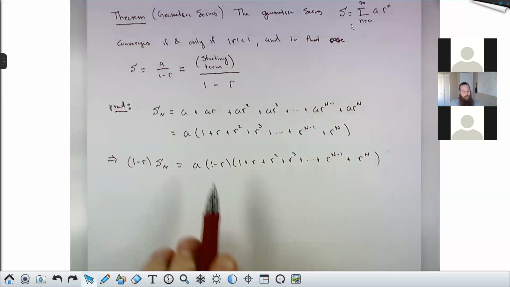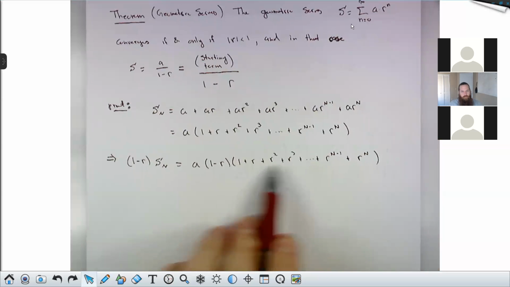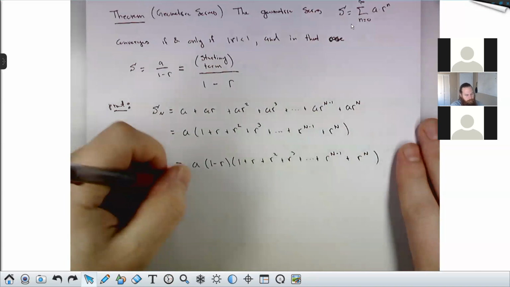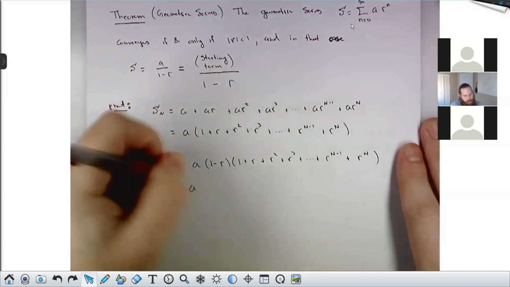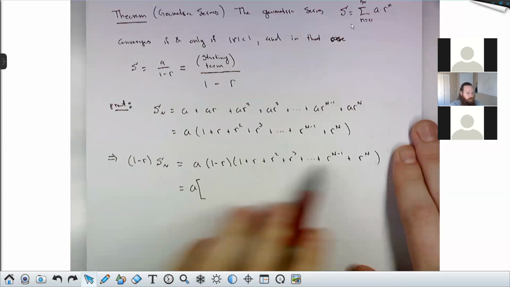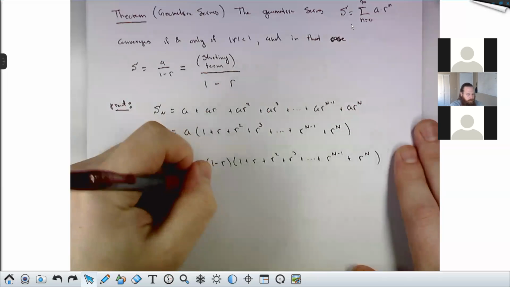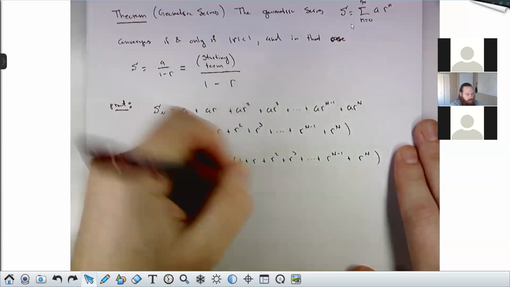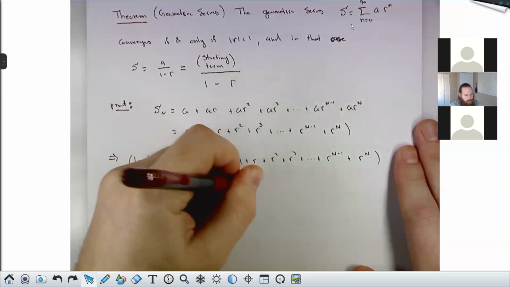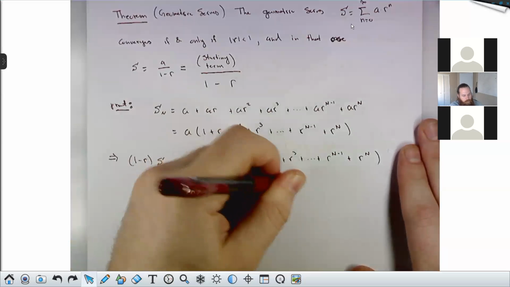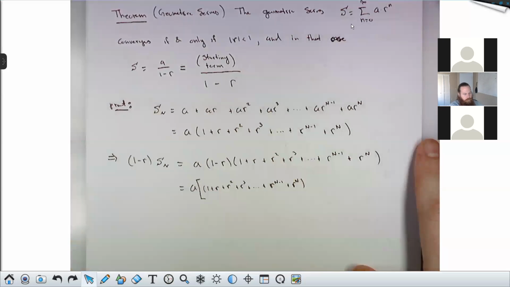And now I distribute this 1 minus r across this partial sum. Again, the a is going to hang out here. When I distribute the 1, I'll just get this thing back. So that's going to be 1 plus r plus r squared plus r cubed all the way out to r to the n minus 1 and then r to the n.